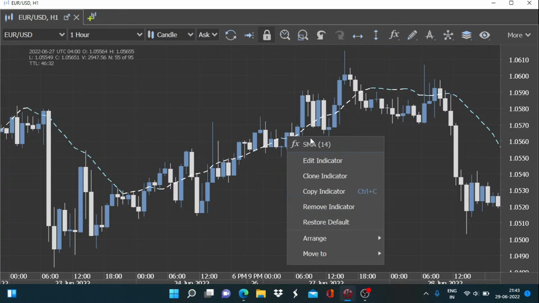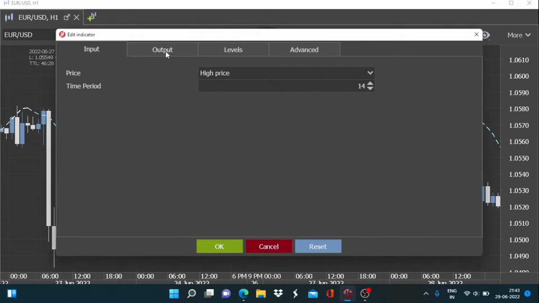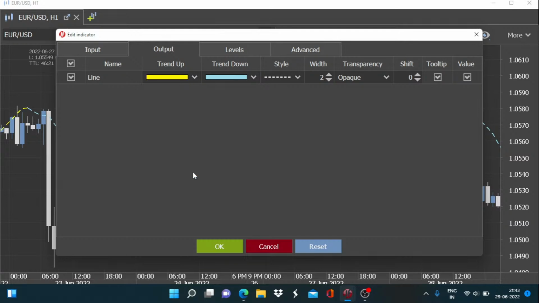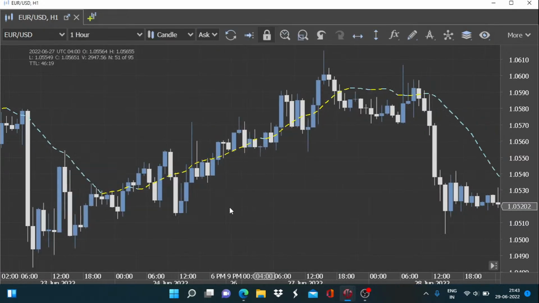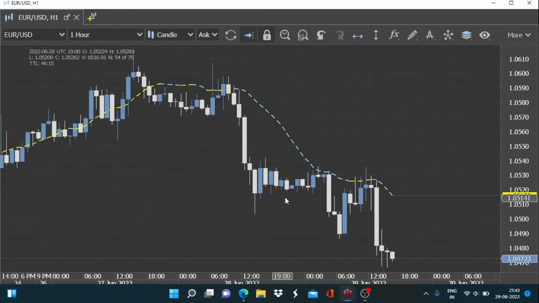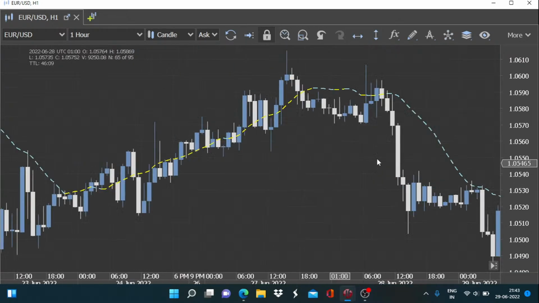Let me change it to a more pronounced color, and then you will be able to easily distinguish what is happening on the charting. Let us go for yellow. Okay, and here the yellow line is indicative of the bullishness, and the pale sky blue line is for bearishness.